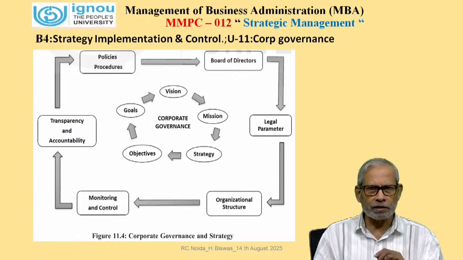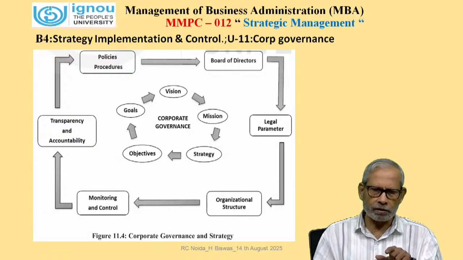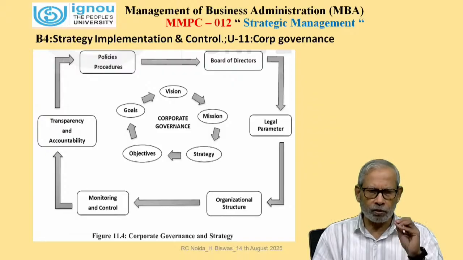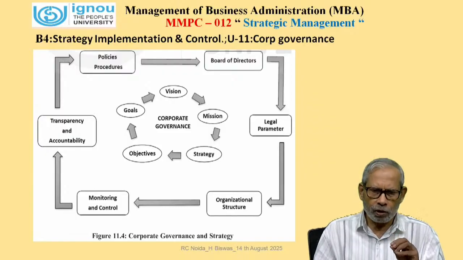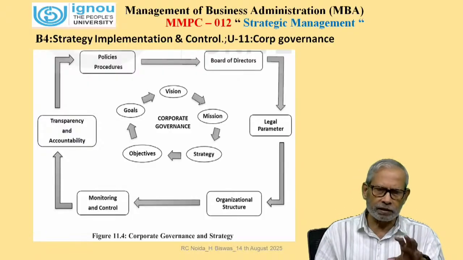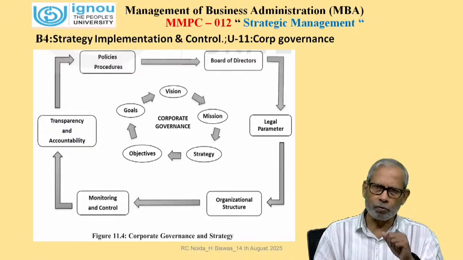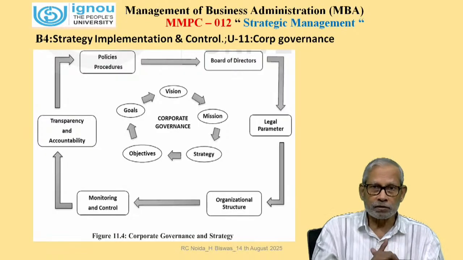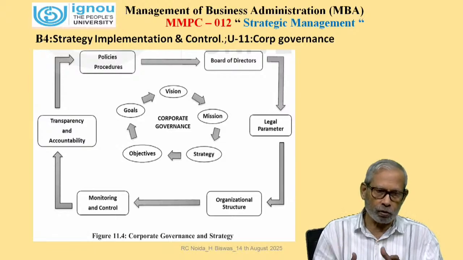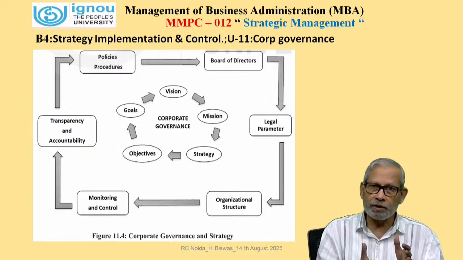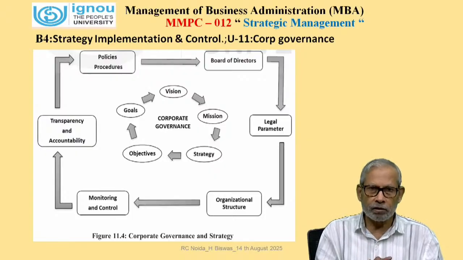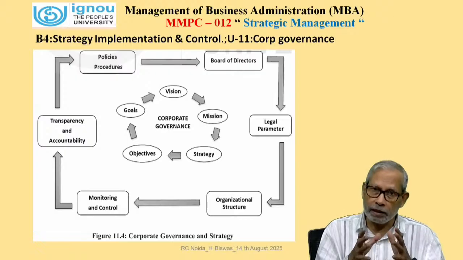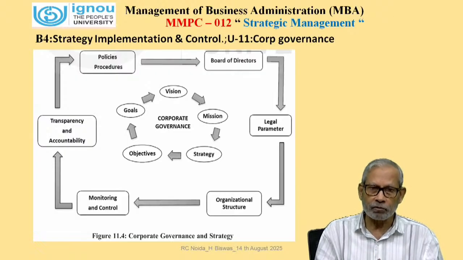Outer, there is strategy, then objectives, goals, values, missions. In the outside, there are also the organizational structures, monitoring and controls, transparency and accountability, policies, business things and the legal issues, legal parameters.